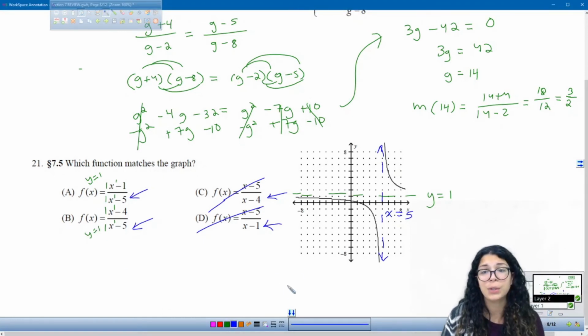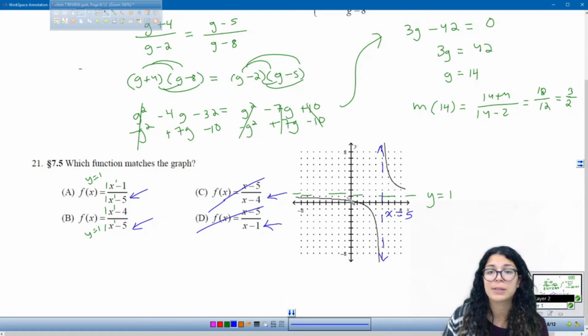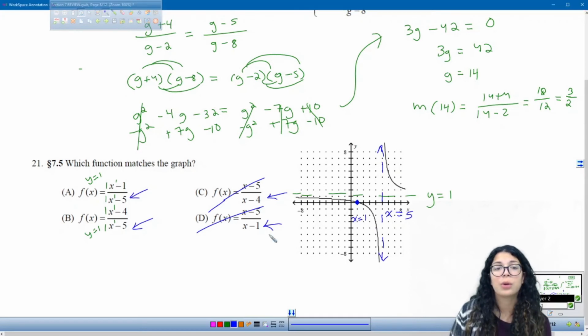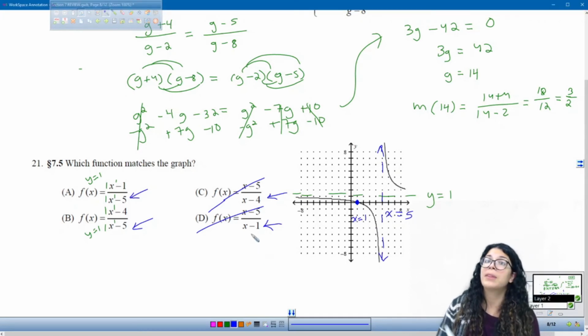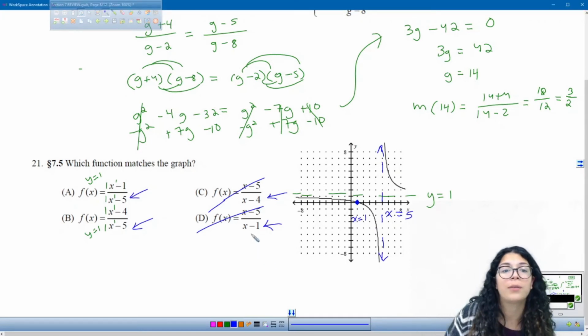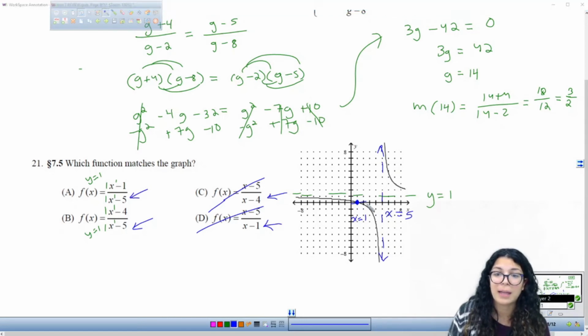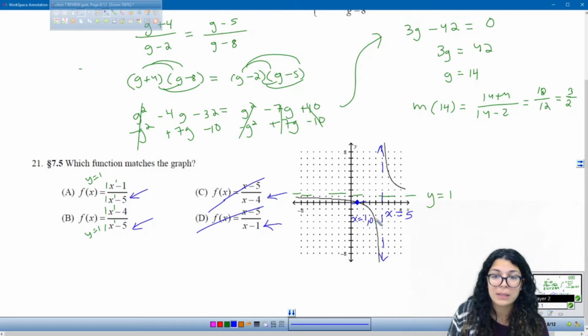The next thing I could do is try to find the x-intercept or y-intercept. You can see here that there's an x-intercept of 1. Remember, the x-intercept is whatever will make the numerator 0, because the x-intercept has a y value of 0.